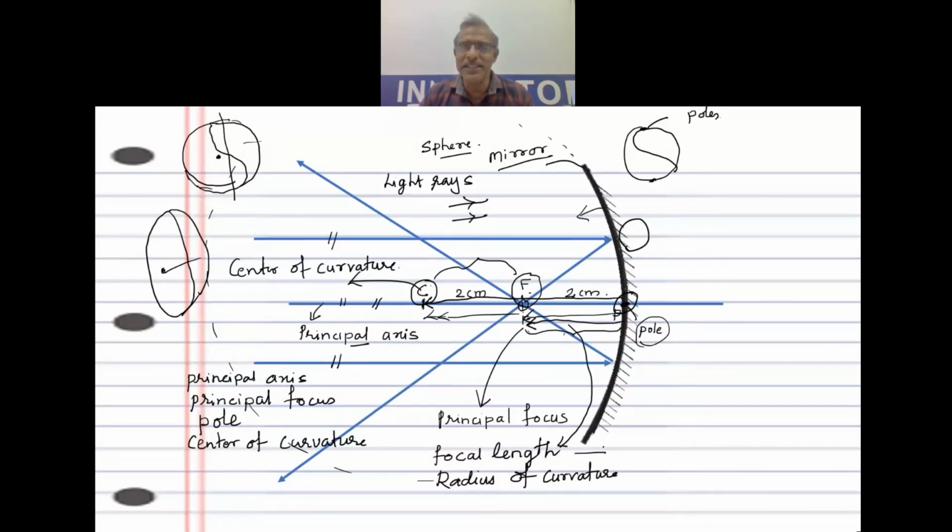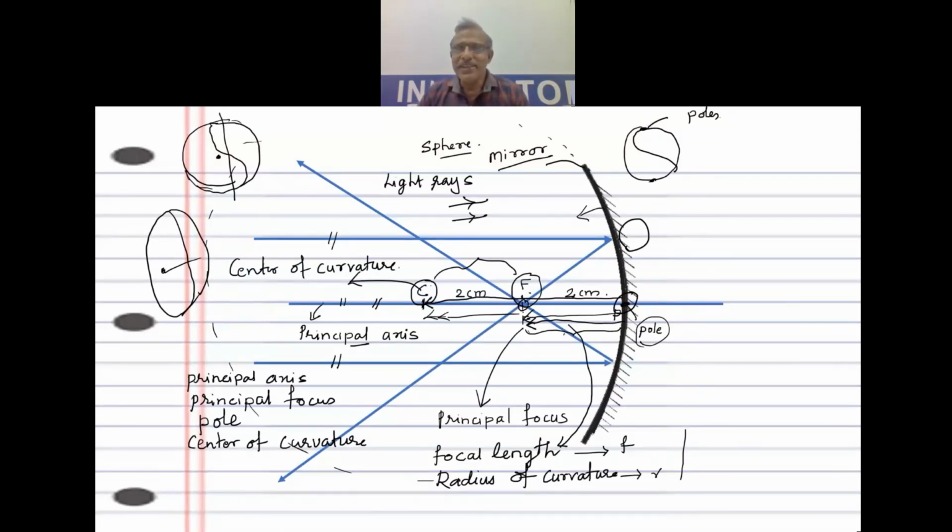Now have your attention on your screen. Focal length, suppose I denote it as f, and radius of curvature generally denoted as small r. Now, can you tell me the relationship between f and r? Can you put that in a mathematical formula? Can anybody comment now? The relationship between f and r in just one equation form. Very good. f is equal to r by 2. Right.